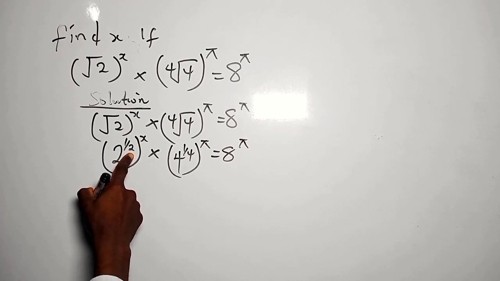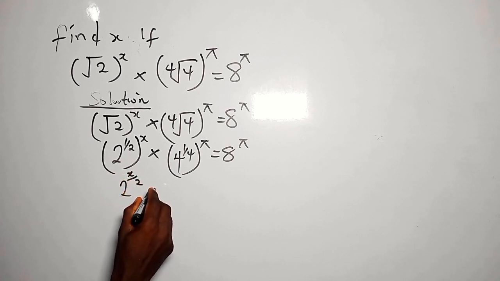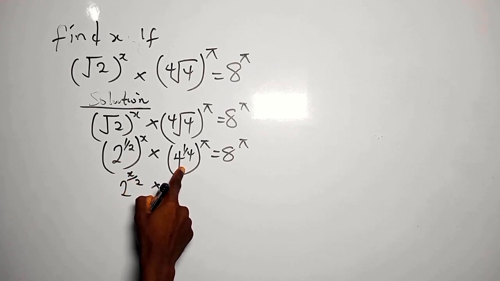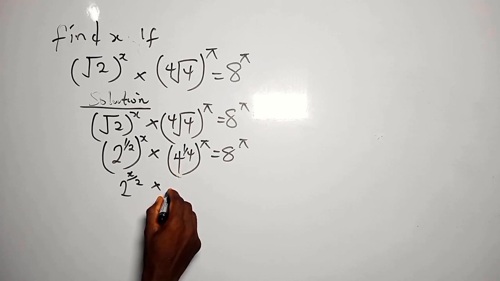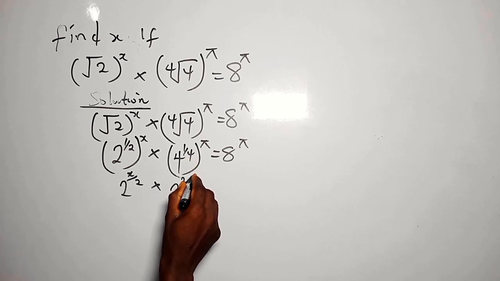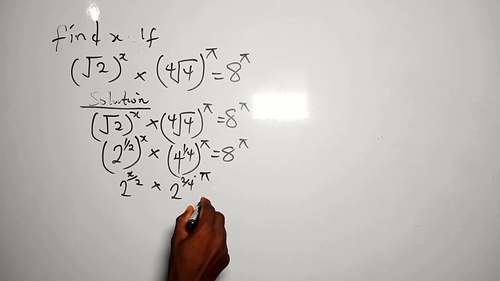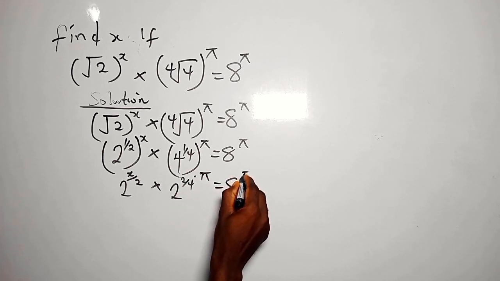So from here, when we apply the exponent rule, we have 2 raised to power x over 2, times, for 4 we can simplify this further to 2 raised to power 2, all over 4. When we apply the exponent rule we multiply it with the external power pi, so the equation equals 8 raised to power pi.